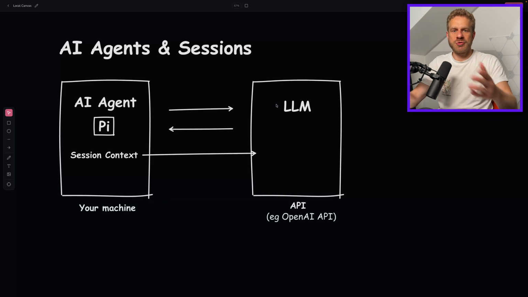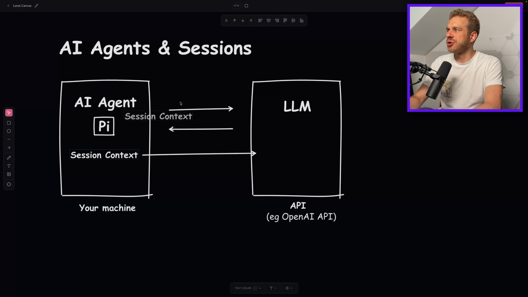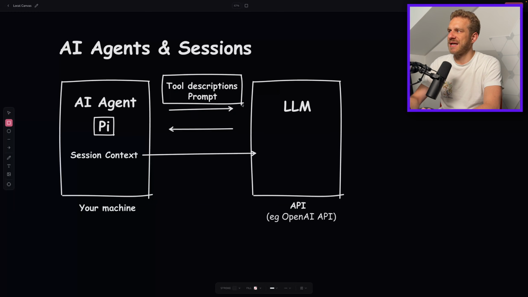Now, if it wants to call a tool, that only happens because AI agents, AI harnesses like Pi, do send tool descriptions along with your prompts. So tool descriptions are part of that context in the end and are sent to the LLM in addition to your prompt and other instructions. So it's this package here that is being sent to the large language model with those requests.